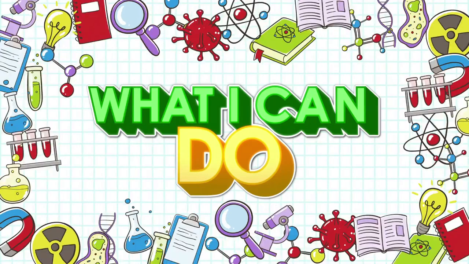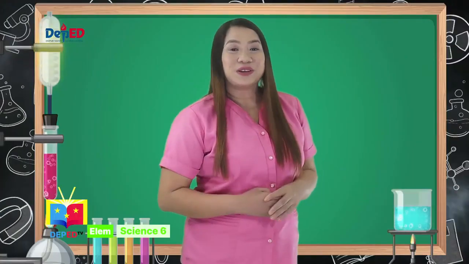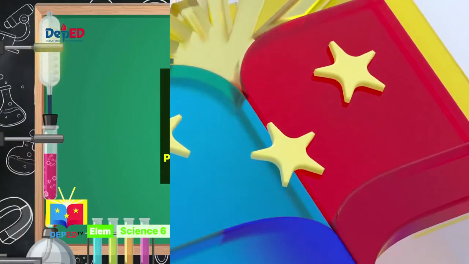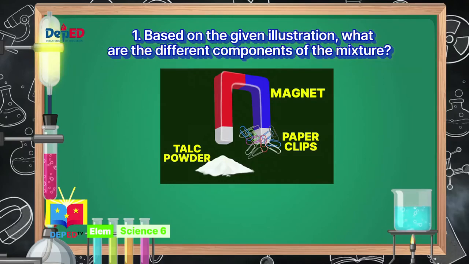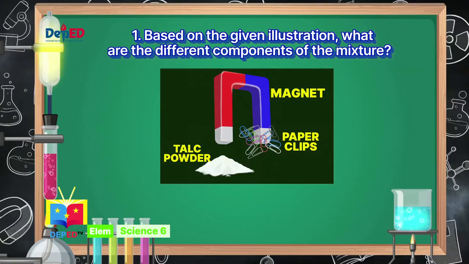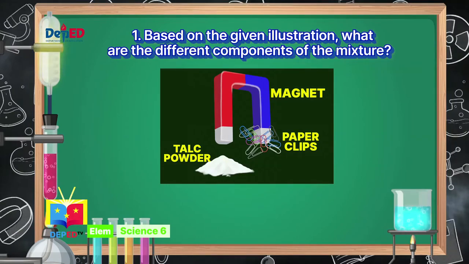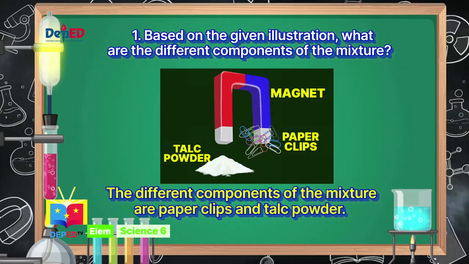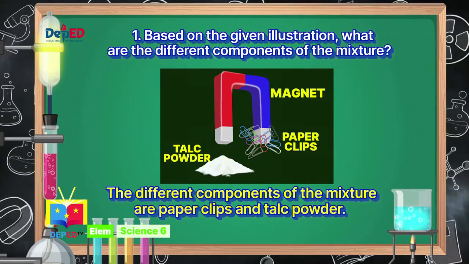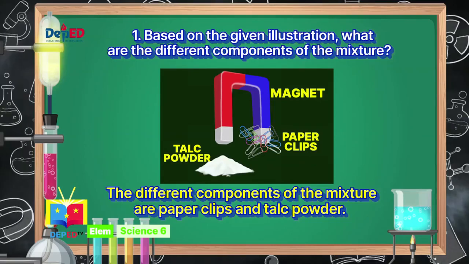What I can do? Answer the questions. Write your answers on your paper. Number 1. Based on the given illustration, what are the different components of the mixture? Right. The different components of the mixture are paper clips and talc powder.